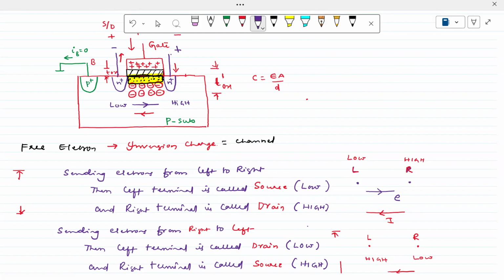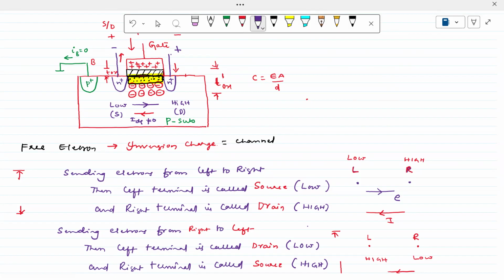In this particular case, we call this a source. This is called a drain. Am I right? Therefore, the current is flowing from drain to source. Therefore, I_DS is not equal to 0. The current flow from drain to source is not equal to 0.